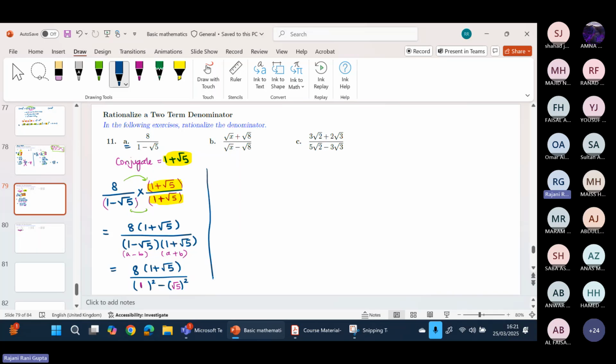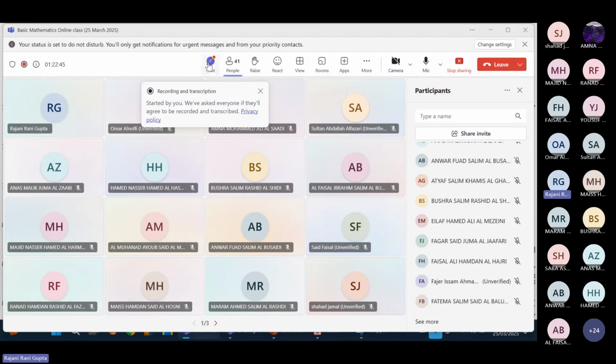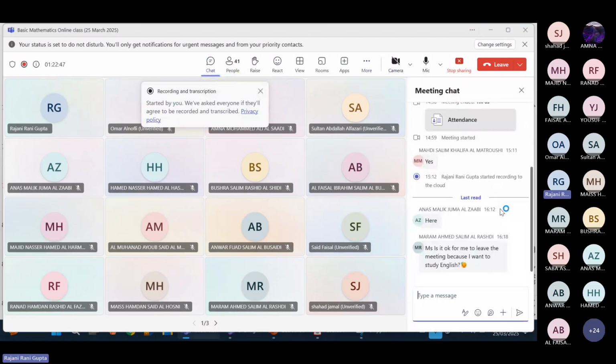Please practice this. Miss, tomorrow we have an English exam. We need to go out. Okay, no problem. You have an English exam tomorrow. Okay, go, no problem. I have your attendance here.